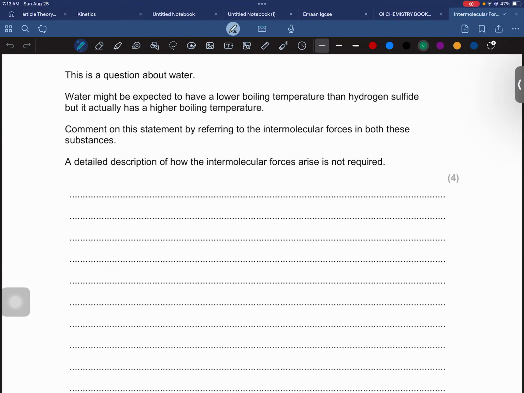So H2S is hydrogen sulfide, and this is water. You first have to decide that they are saying water might be expected to have a lower boiling temperature than H2S. What are you supposed to write then?